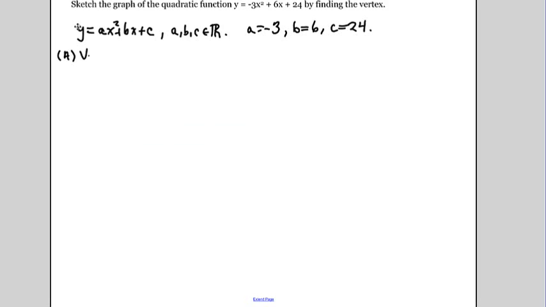First, we'll talk about the vertex. The vertex is a special point that we label h, k. h is given by the formula h equals negative b divided by 2a.